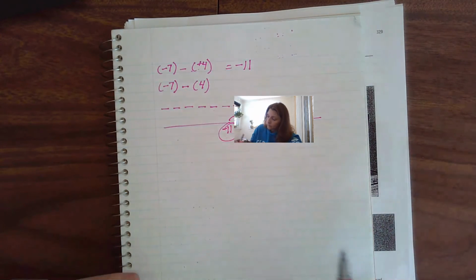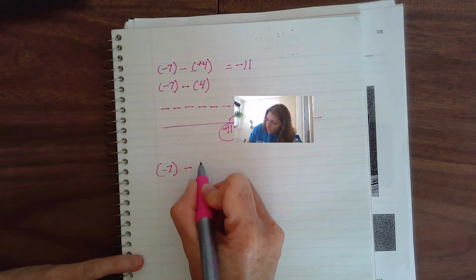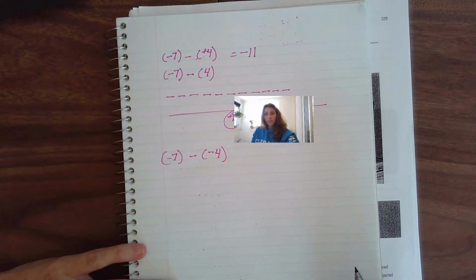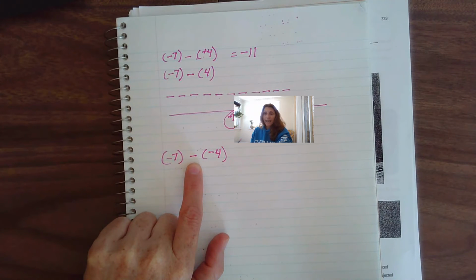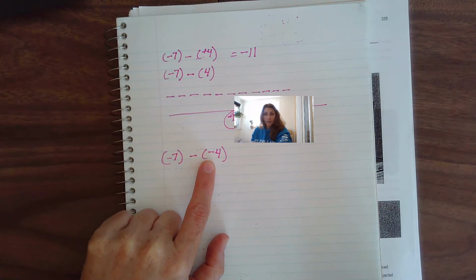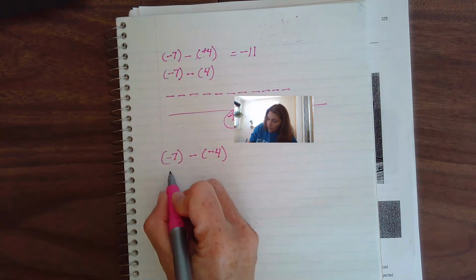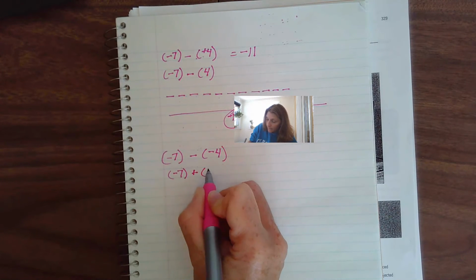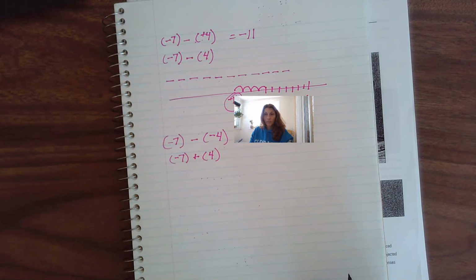Okay? We're at -7. And we take away -4. Okay? Remember, when we are subtracting or taking away the negative, you're taking away the negative. You're turning it into a positive. So this actually becomes -7 plus 4. Okay.